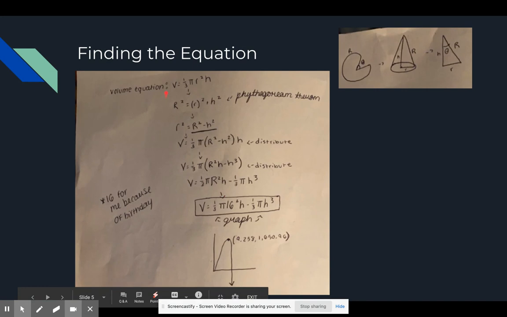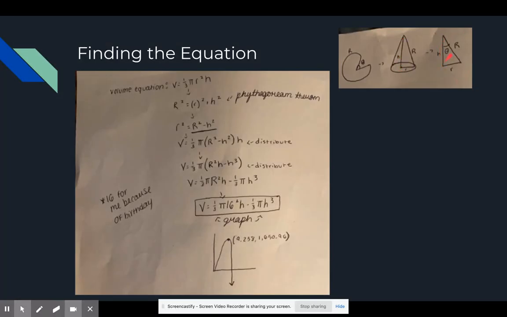So basically, I started with the volume equation for the cone, which is volume equals 1/3 pi r squared times the height. Then I use the Pythagorean theorem. When you look at the cone, there's a triangle within the cone where the radius of your circle is the slant height, the radius of the cone is one of the sides, and your height is the other side.